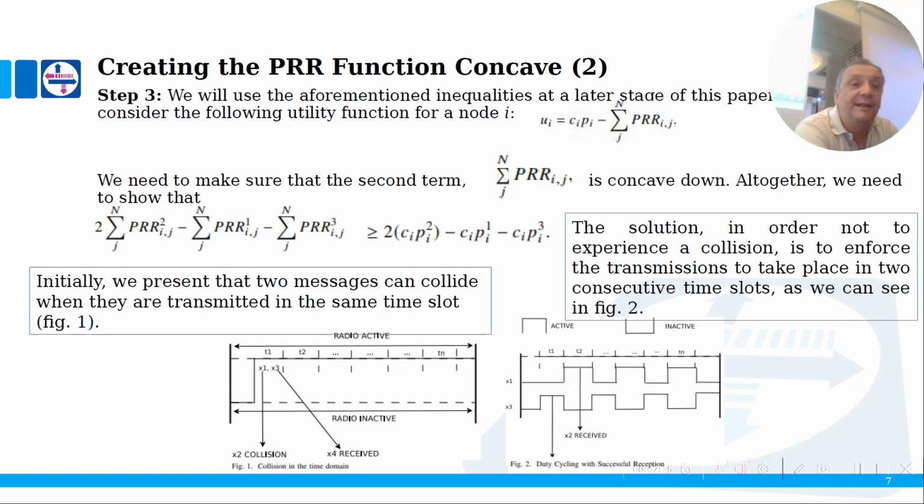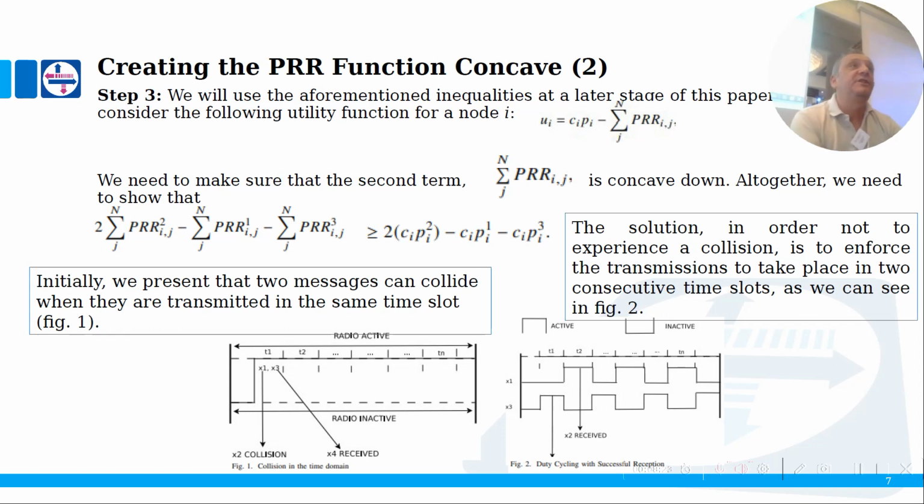Altogether, we need to show, as you can see in the middle of the slide, that the summation of PRR_ij of the second strategy minus the summation of PRR_ij of the first strategy minus the PRR_ij of the third strategy is greater than or equal to 2 times c_i p_i of the second strategy minus c_i p_i of the first strategy minus c_i p_i of the third value.